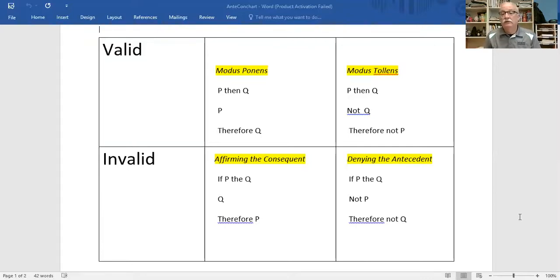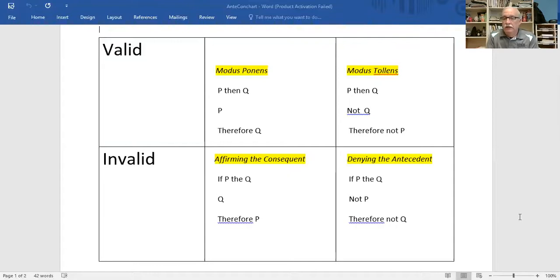We've dealt with this in introductory logic earlier in the year. But we also want to be able to see how those work into a basic argument. So for example, we have what is called in Latin modus ponens. And modus ponens is really when you say, if you have an antecedent and a consequence, and you affirm the antecedent.